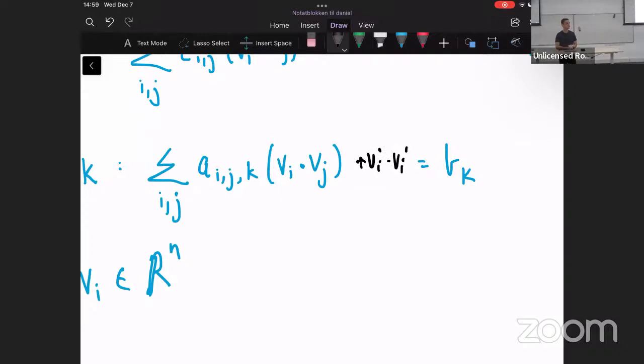Now I can choose vi prime to be whatever I want, but vi prime, a vector dotted with itself, will always be something positive. So effectively I'm now encoding a less than or equal to constraint here. And if I can do less than or equal to, I can also do greater than or equal to, because I could do minus vi prime times vi prime and get it in the other direction. So the fact that I have equalities here doesn't really cost me anything.